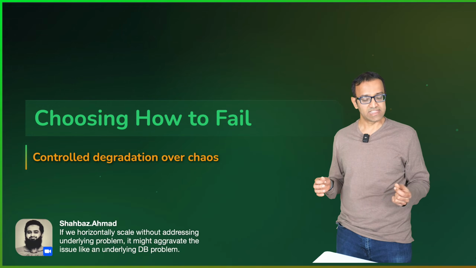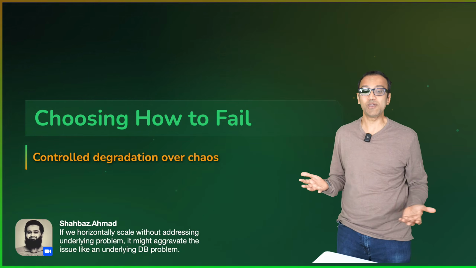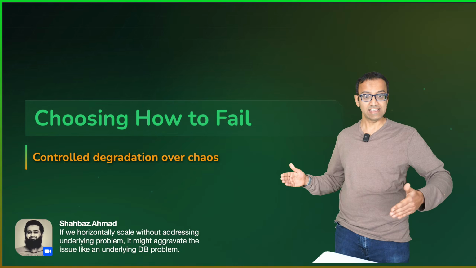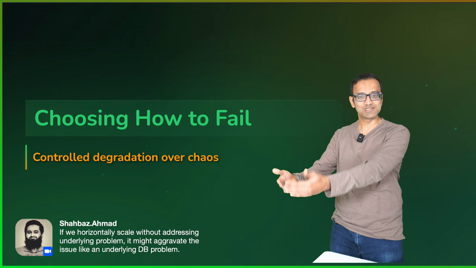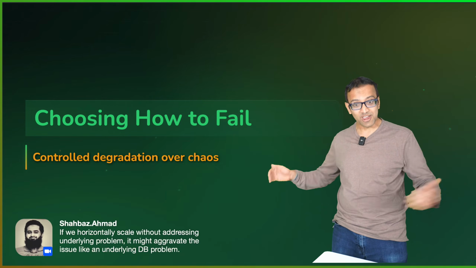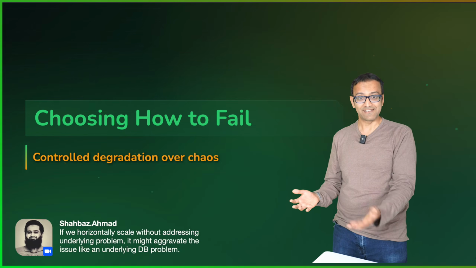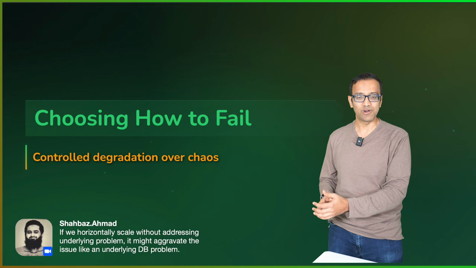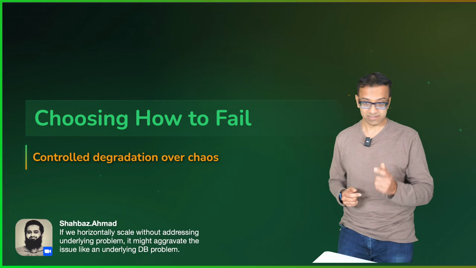Now, the problem with that is if the recommendation engine is talking to a DB, which cannot be horizontally scaled, and it has a limit, then just scaling this is going to solve the problem for the recommendation engine, but it transfers the problem to the database, because now all these new nodes that you horizontally scale are all going to start hammering the DB, and now the DB has a problem. How do you scale the DB? Well, you have to do vertical scaling there. So it kind of moves things along if you do horizontal scaling without trying to solve the underlying problem. That's a very good point.